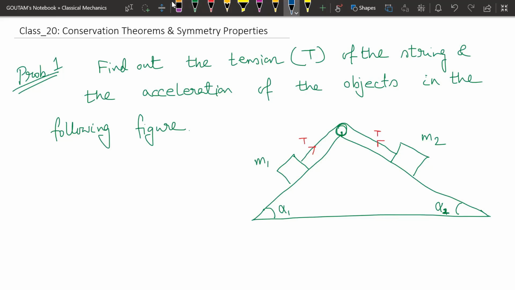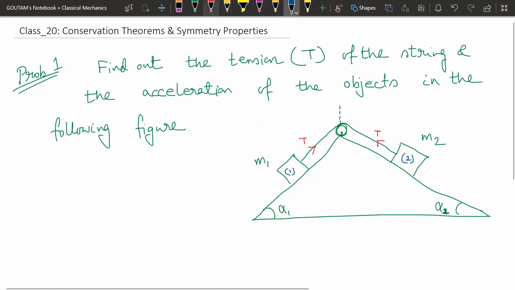Now let us define first the coordinates. So the coordinate of the object with mass m1, we will call it the first object. So object number 1, and this is object number 2. For object number 1, let's define the coordinate by x. Okay, so we are defining all the distances from this point, from the topmost point.